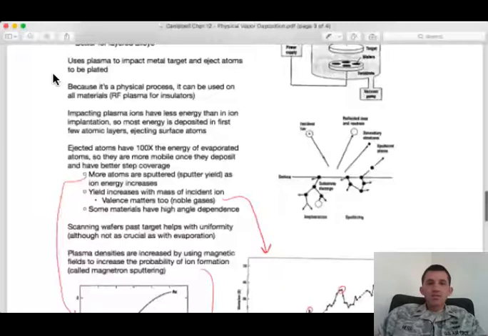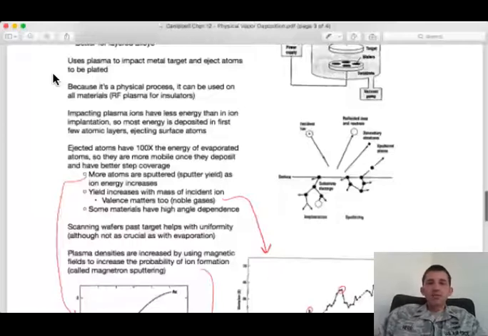The ions that are used from the plasma are a little bit different than, say, in ion implantation, right? Because remember, in ion implantation, we have an ion gun, then we're accelerating those ions, we're filtering them, they're going down a relatively long chamber, and so they're higher energy, and they're going to implant more deeply. A lot of times that's by design.